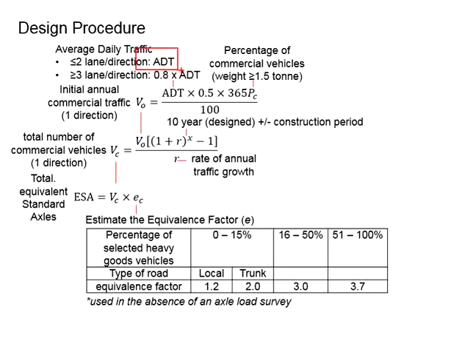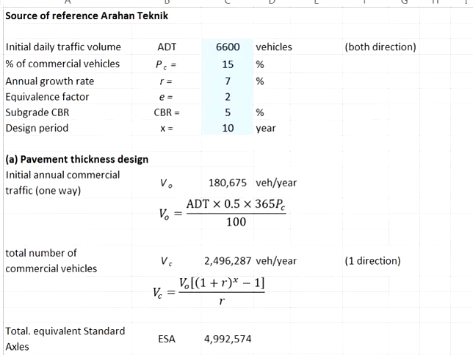The ADT provided is in both directions. Since we are quantifying in one single direction, ADT is to be multiplied with 0.5. We are determining the annual commercial traffic V0. That means out of the ADT here, multiply with the percentage of the commercial vehicles, we are getting the V0.